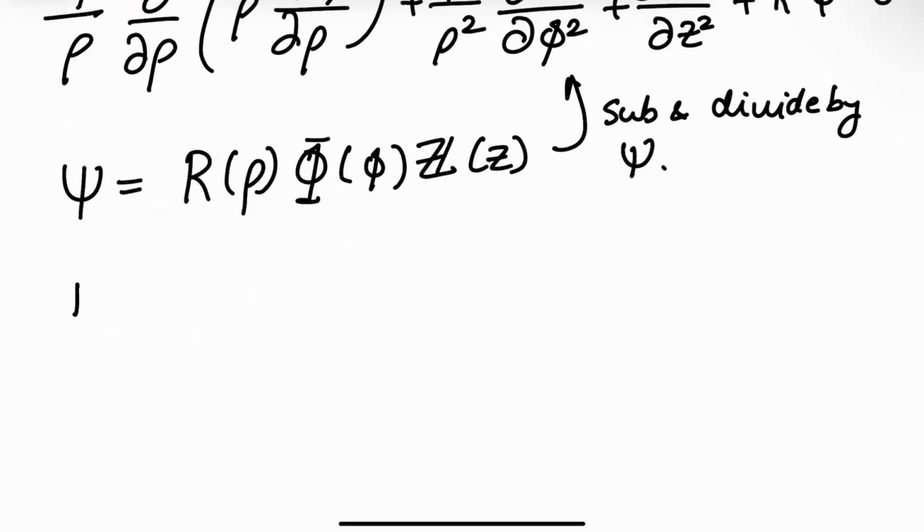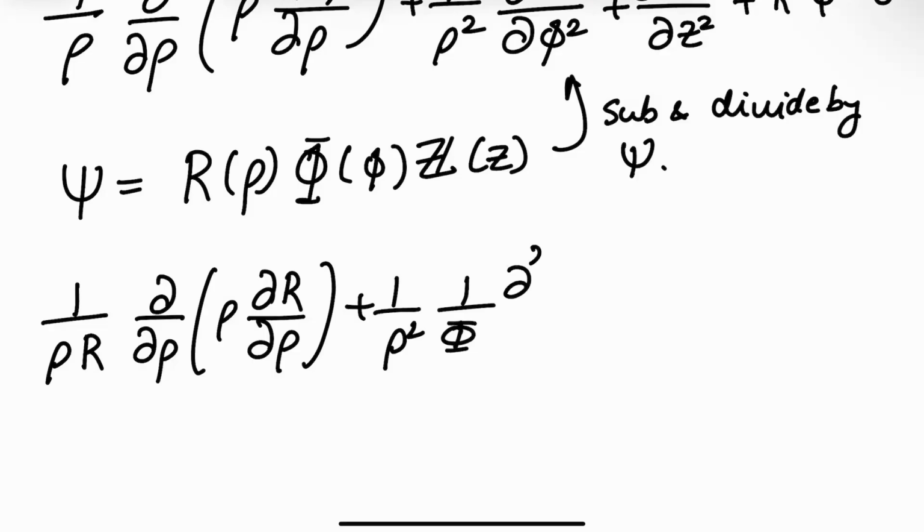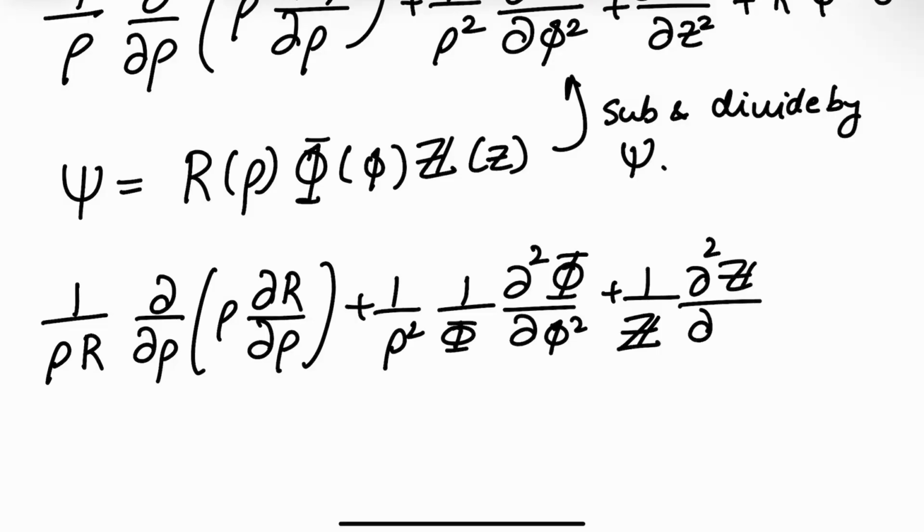If you do that, you will end up with 1 over R d/d rho of rho dR/d rho, plus 1 over rho squared, 1 over capital Phi, d squared capital Phi over d phi squared, plus 1 over Z d squared Z over dz squared, plus k squared equal to 0.